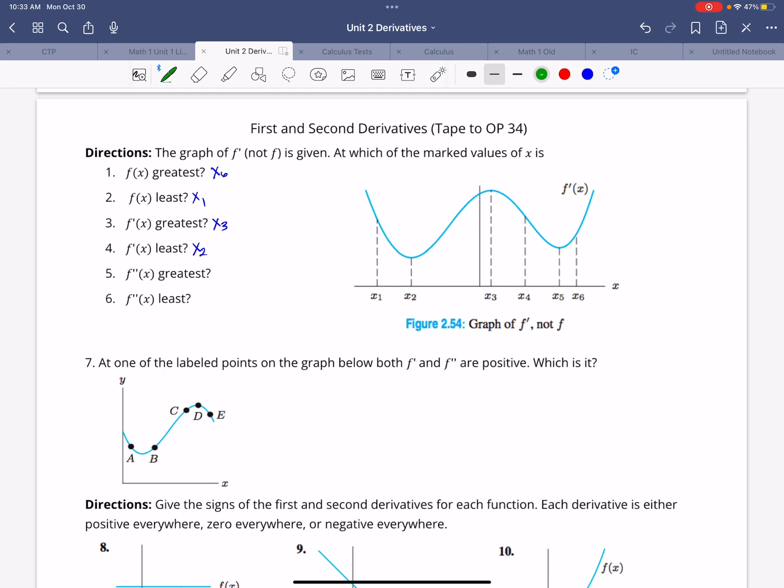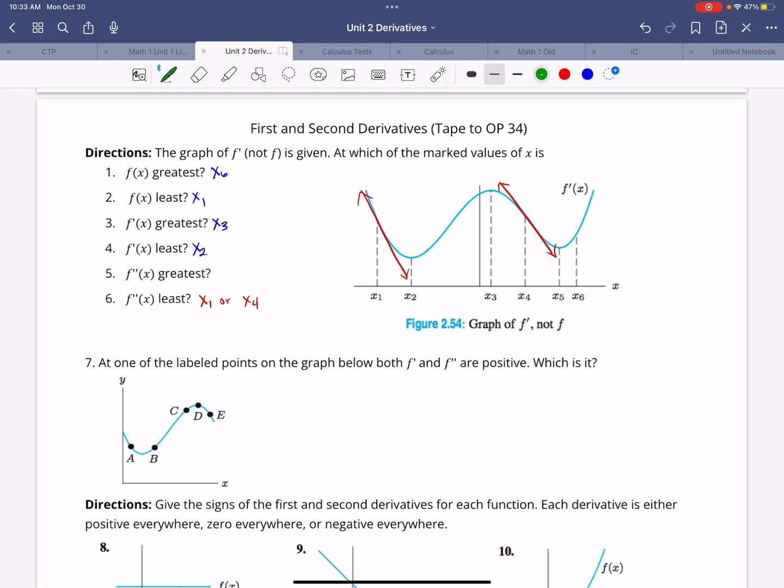So for example, at x sub 4, that is a steep negative slope. I guess maybe you could argue that this is even steeper. That's a pretty good toss-up. So for the least one, I'm going to say it's either x sub 1 or x sub 4.